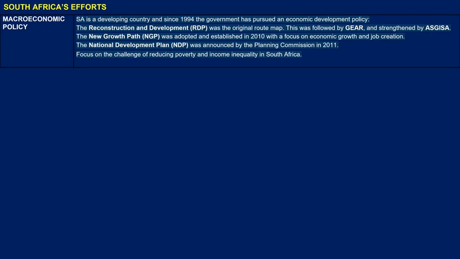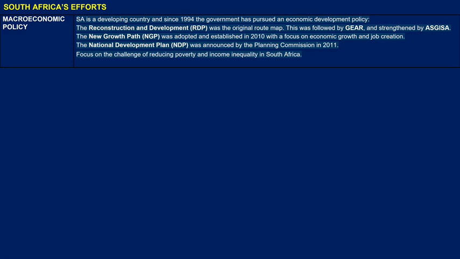Right, what has South Africa done in order to improve its development? The macroeconomic policy. South Africa is a developing country, and since 1994, the government has pursued an economic development policy.